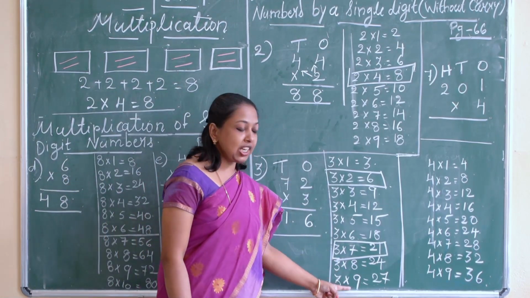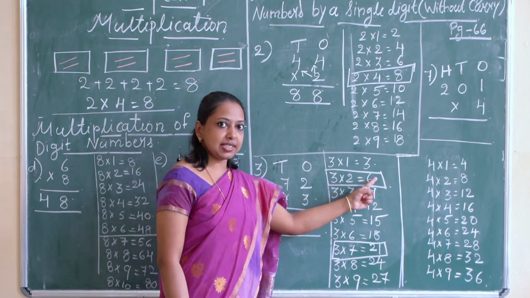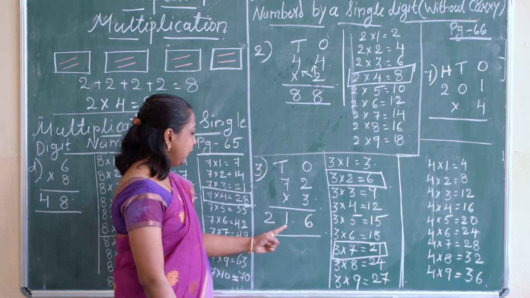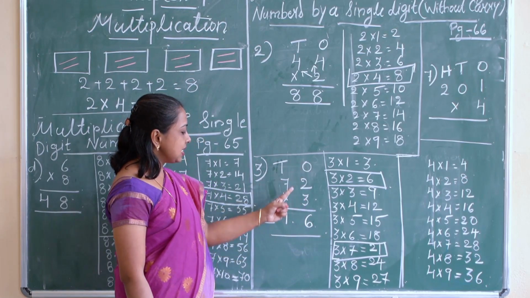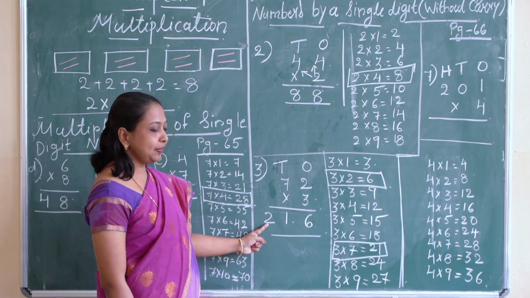From the multiplication table of 3, we have used two statements: 3 twos are 6 and 3 sevens are 21. And we got the answer 260: 6 at the ones place, 1 at the tens place and 2 at the hundred place.